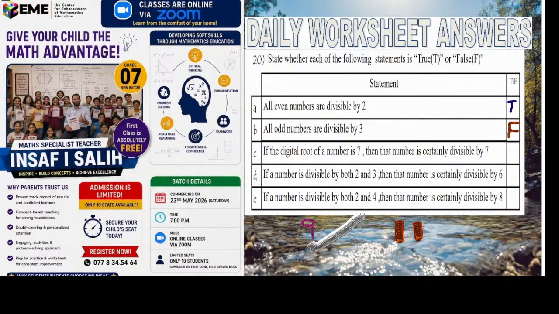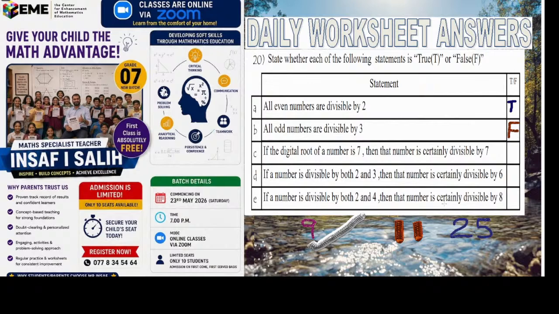One of the easiest numbers would be 25. What's 25's digital root? 2 plus 5 is 7. But is 25 divisible by 7? Does 25 come in the 7 times table?